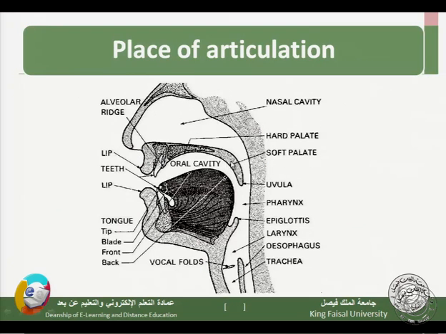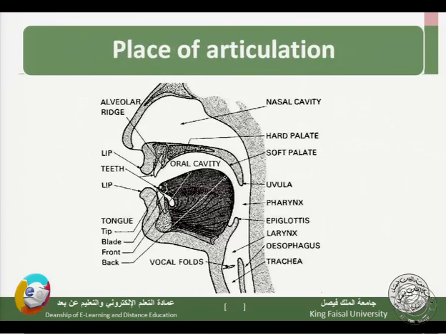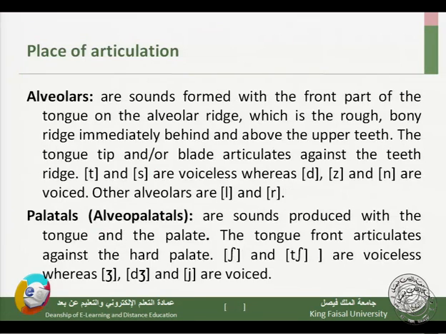Another place of articulation is the palate. If we go to that image, the soft palate, this one, the sounds produced at this point are called the palatals, or alveolar palatals, and these sounds are produced with the tongue and the palate. The front part of the tongue articulates against the hard palate.